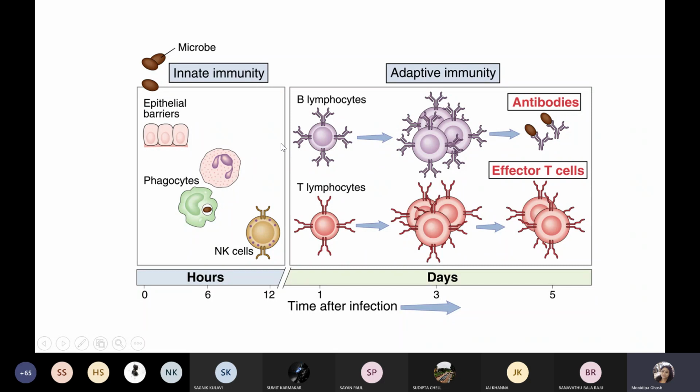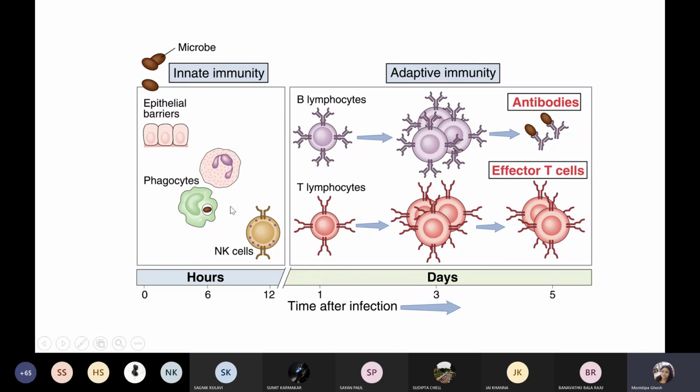Suppose this is the inside cell picture and this is the outside cell picture. So, when microbes interact, the epithelial barrier gives some resistance, and whenever the microbe comes inside the cell, there are multiple types of cells we are talking about.